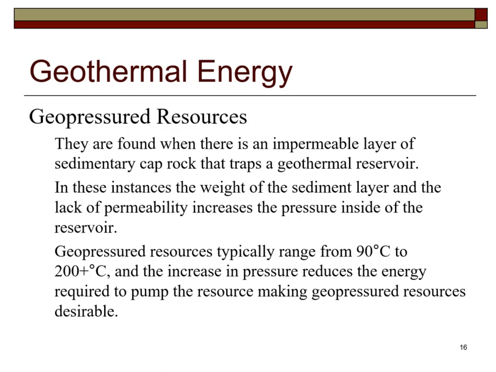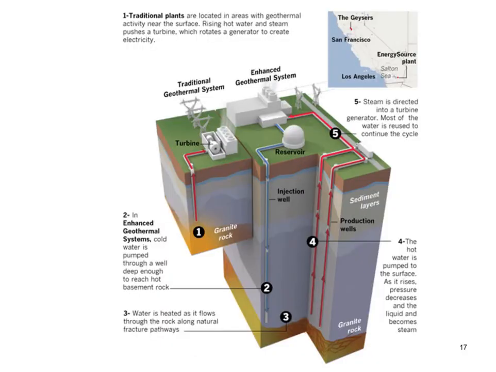Geopressured resources typically range from 90 degrees to 200 degrees centigrade, and the increase in pressure reduces the energy required to pump the resource, making geothermal resources desirable. A geopressure resource is on the right side of the picture. As the water is pumped to the surface, the pressure reduces and the water turns to steam.